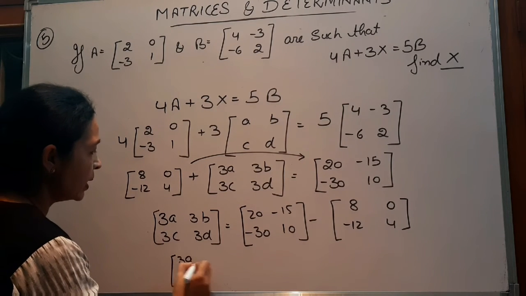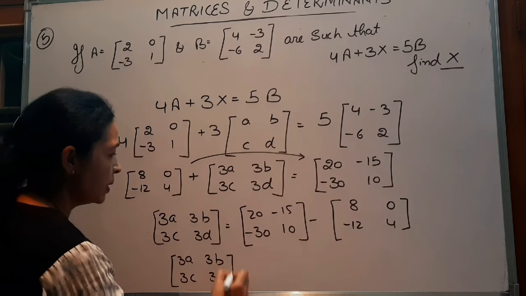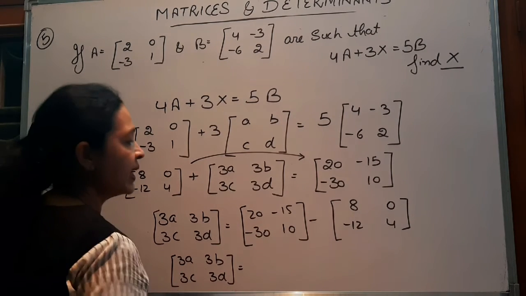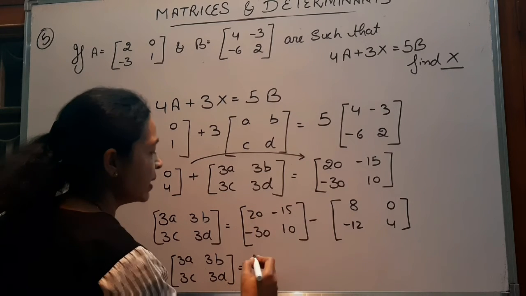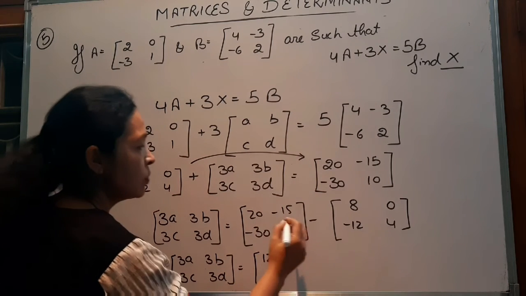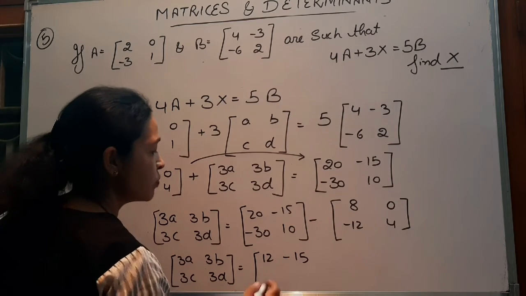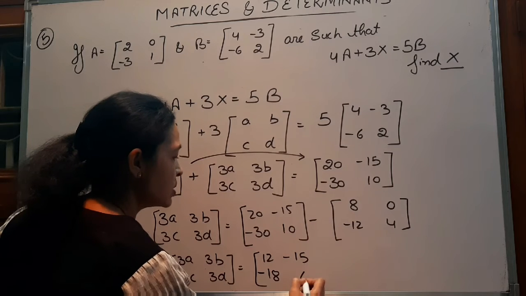We have 3A, 3B, 3C, 3D equals subtraction, corresponding elements will be subtracted. 20 minus 8 is 12, minus 15 minus 0 is minus 15, minus 30 plus 12 is minus 18 and 10 minus 4 is 6.